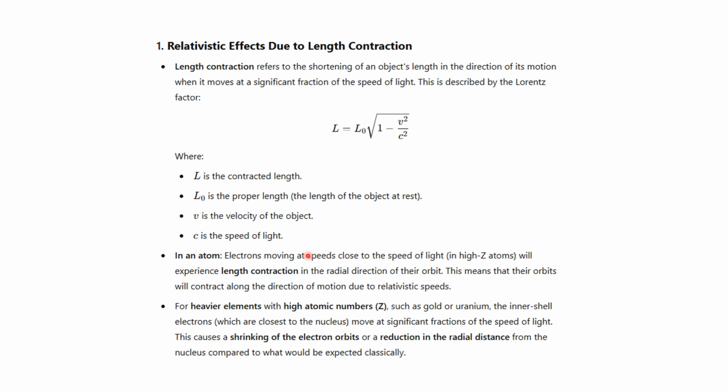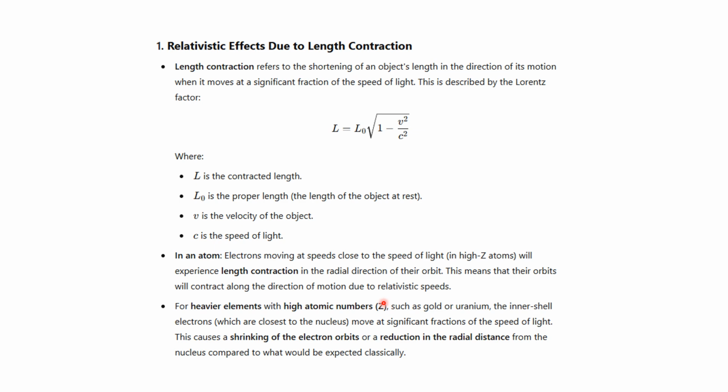So in an atom, electrons moving at speeds close to the speed of light in high Z atoms, जिनका high atomic number होता है, they will experience length contraction in the radial direction of their orbit. Their orbits will contract along the direction of motion due to relativistic speeds.